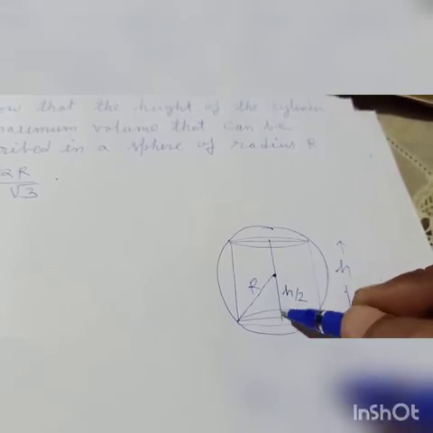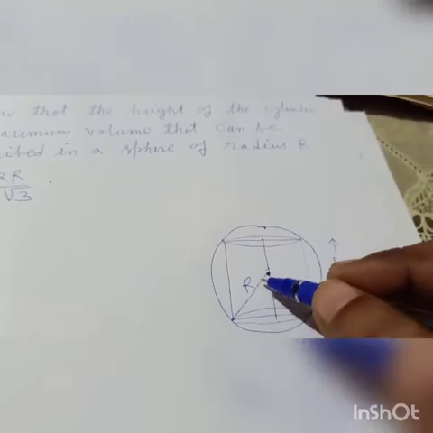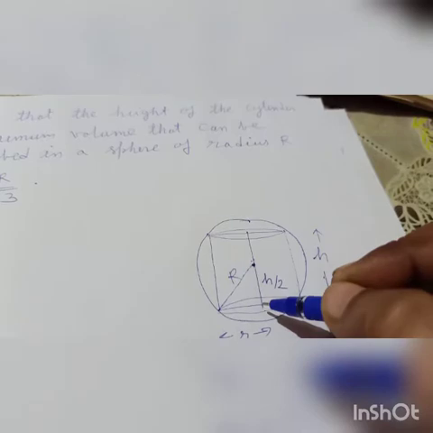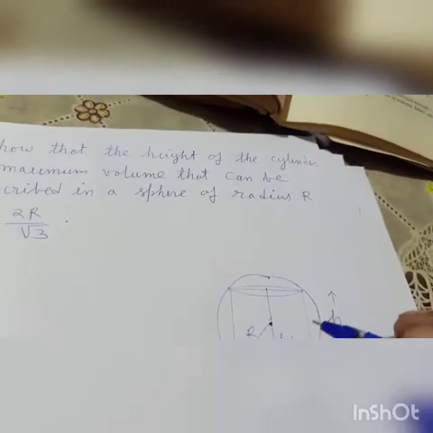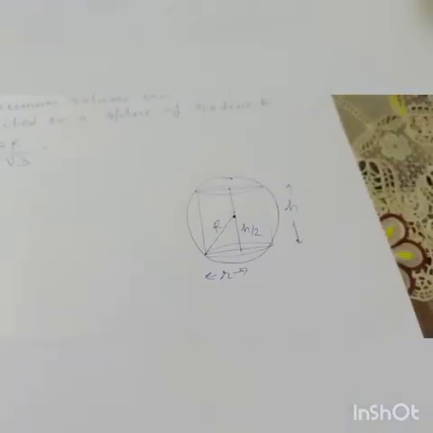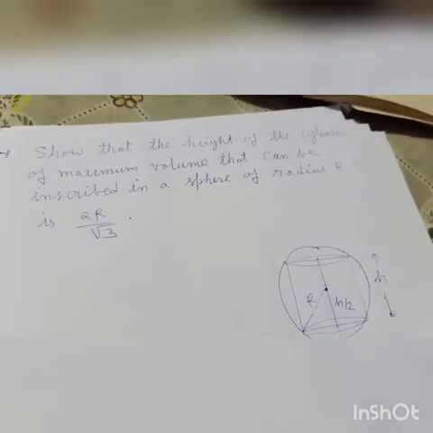So this height will be h by 2, and this is the radius capital R of the sphere, and we will assume that the radius of the cylinder is small r. So we have to prove that the height will be 2r by root 3 when volume is maximum.